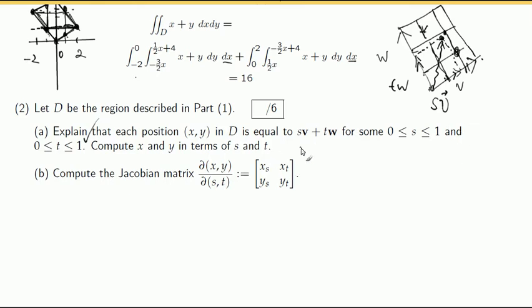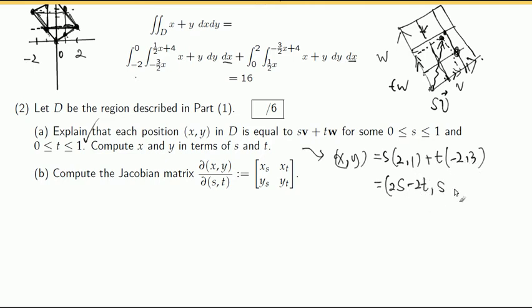How about this one? If x comma y is s times v, which is 2 comma 1, is that right? Plus t times negative 2 comma 3, correct? Then you just expand this one. As you can see, 2 times s is the x component, negative 2 times t. The y component is s, and the y component here is 3 times t, right? So this is x comma y.